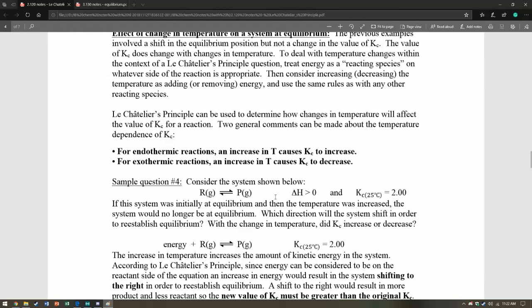If you increase temperature, for an endothermic system, the system will try and absorb that heat by going to the side with more potential energy, which is the product side for an endothermic reaction, and the inverse is true. If you decrease it, it will try and release heat and go the exothermic reaction, which is reverse.